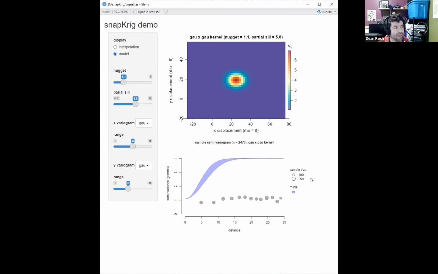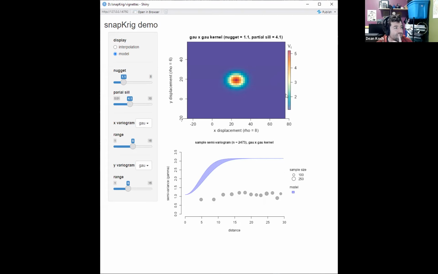But that's okay. I think the takeaway I want people to have from this is semi-variograms often aren't great estimators of the covariance structure in your data for a number of reasons. And so they can be helpful for, I think, learning the material and exploring the data. But when it comes to actually estimating these parameters, these slider values, I recommend that people use maximum likelihood.